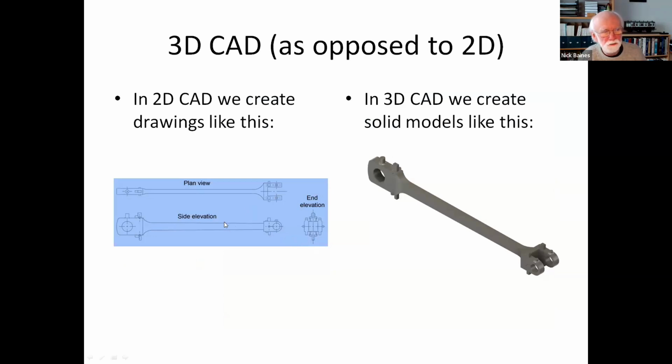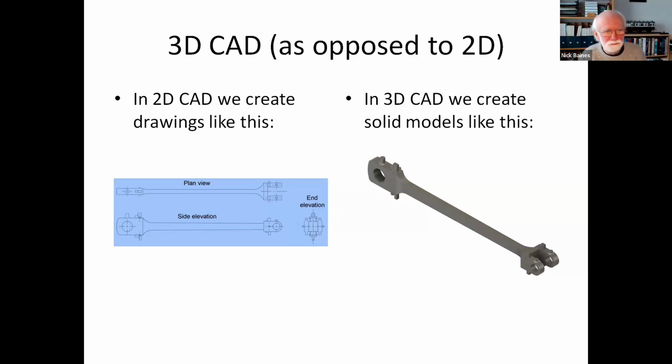You're doing side elevations, plans, end elevations, and building up the shape from that. When you're doing 3D CAD, you're working directly to create the shape in the form of what is called a solid model. So there's no separate views. We're creating that solid model from scratch.